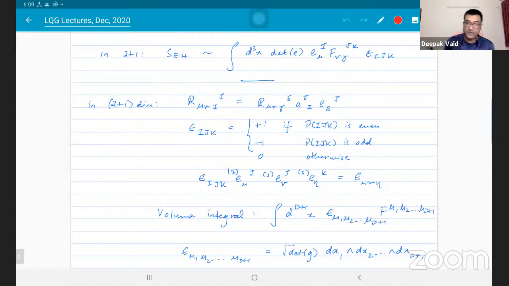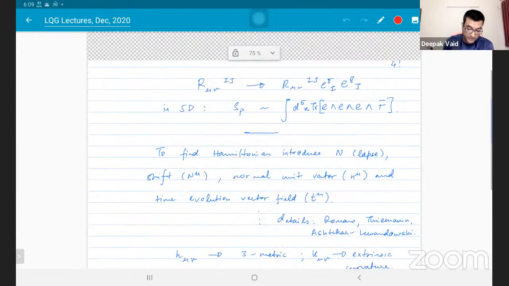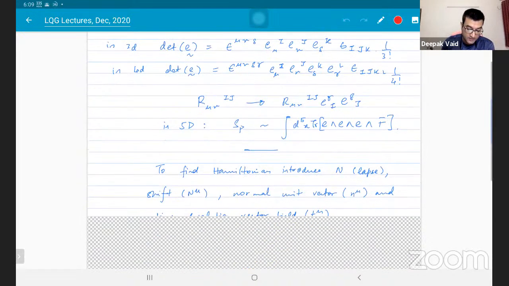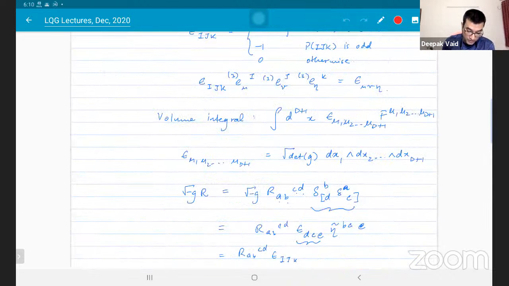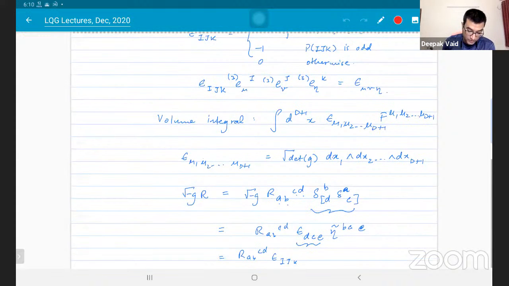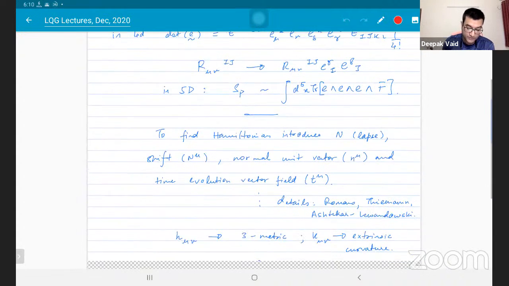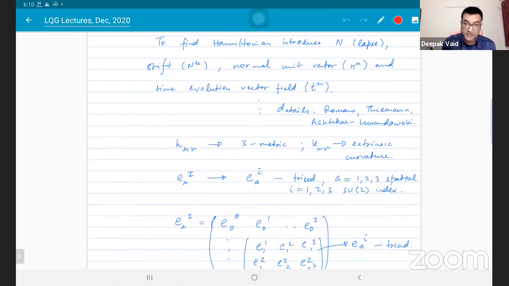That's why it's called the soldering form. It mediates the relation between the gauge field and the metric curvature. In this form, you can call this connection gravity. It is completely equivalent to Einstein gravity. And if you solve the equations of motion, you find that they give you precisely the same results as the Einstein-Hilbert action, which is that in vacuum, for instance, the Einstein tensor would vanish.